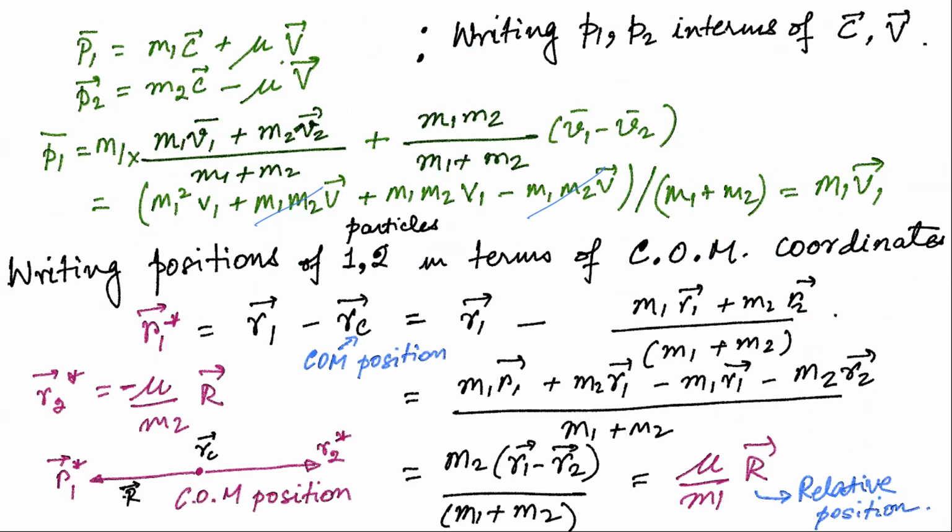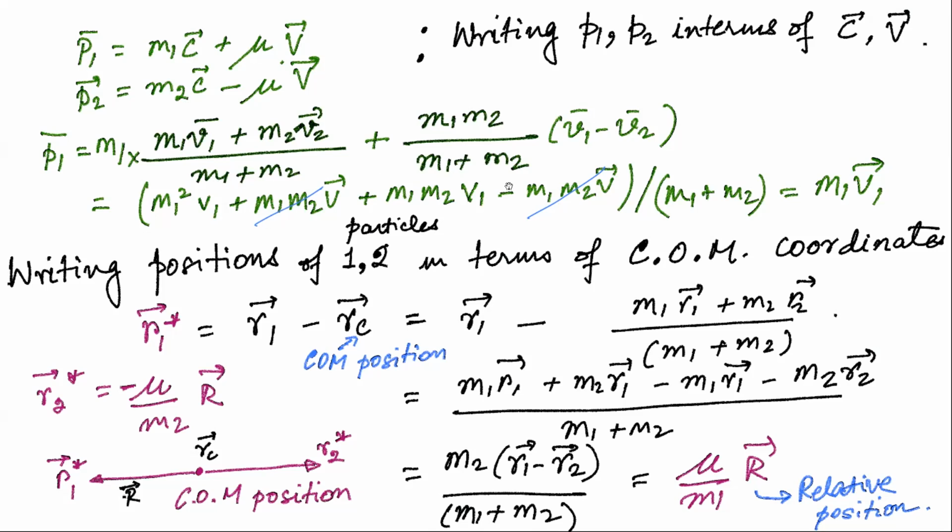Now, what we are going to do is write the momenta of each particle in the coordinate system where the observer is at rest in terms of C and v. You're basically doing a change of variable. So P1 is equal to M1 C plus mu V. And one can easily see that because if you substitute C equals (M1 V1 plus M2 V2) upon (M1 plus M2), and mu is M1 M2 upon M1 plus M2, and V is the relative velocity, right?